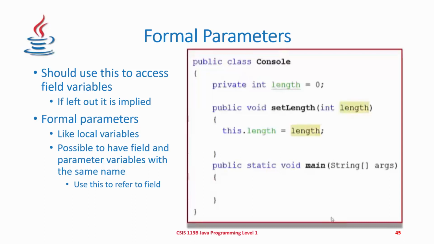So let's say C is the instance of console. It'd be C.setLength, and then pass a value into that method, and the setLength method is allowed because it's internal, it's a member of the console class. It's able to actually assign a new value to that field variable length.